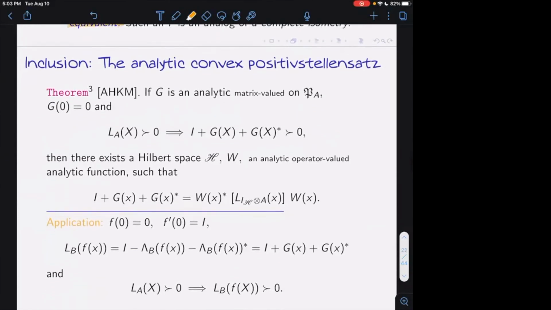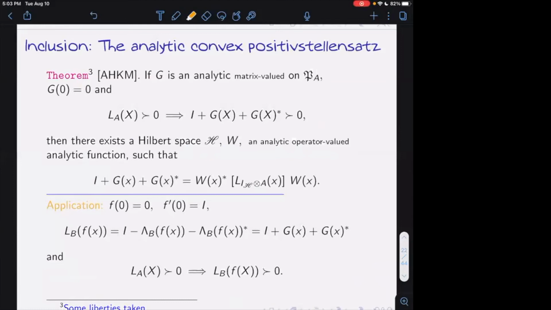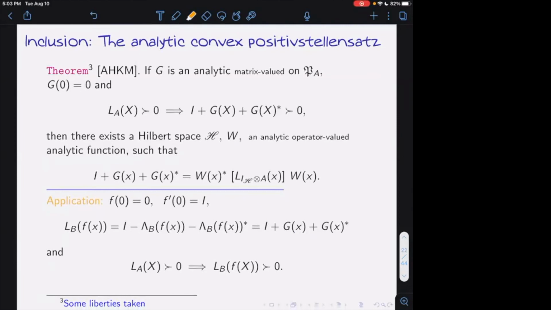And so then there's a question of characterizing, or certifying, maybe giving an algebraic certificate for inclusion and mutual inclusion. So for the inclusion, here's a version. We're allowing G to be a matrix valued analytic function defined on our spectrahedron.